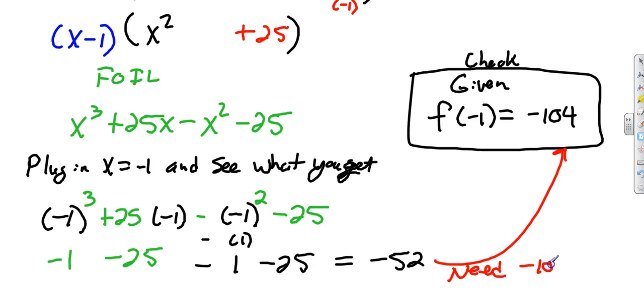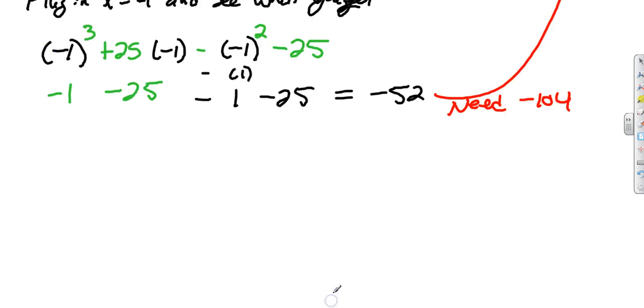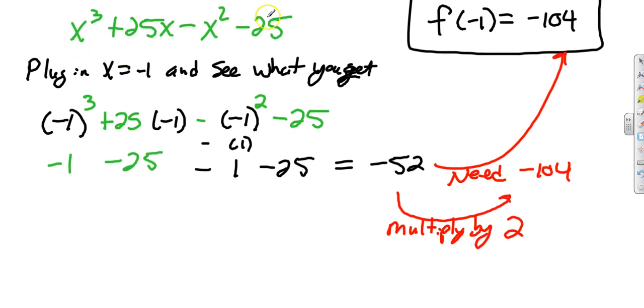But we need negative 104. So to get from negative 52 to negative 104, it's twice as much. So we need to multiply by 2. That means we've got to take this answer we had and multiply it by 2 as well.